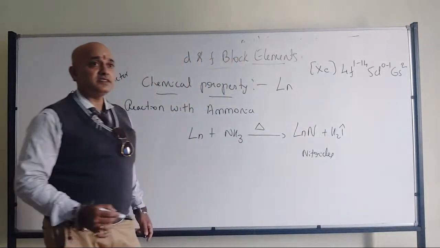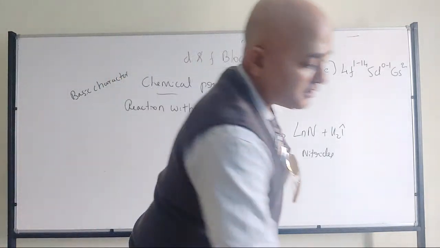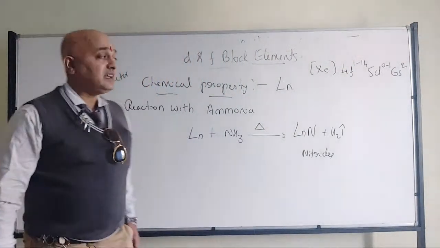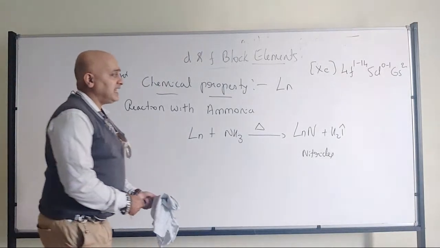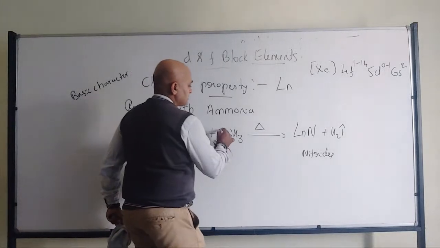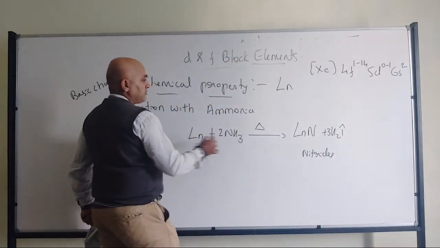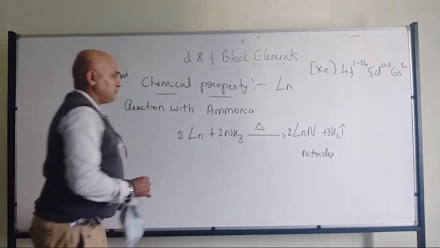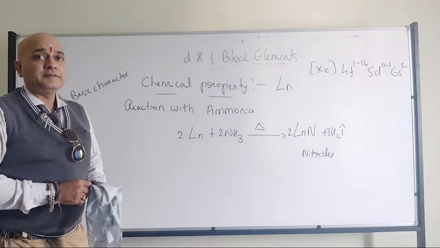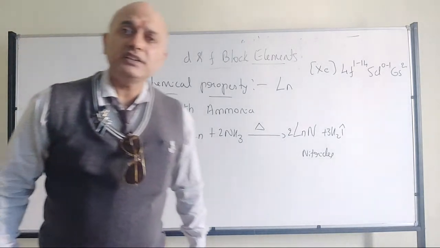In that case, what is the oxidation state? -3. Nitrogen will have the -3 oxidation state. So we have Ln, okay, so 2 and here 3. So therefore here I should make it as 2. That's where we have the reaction with ammonia. All of you have understood?